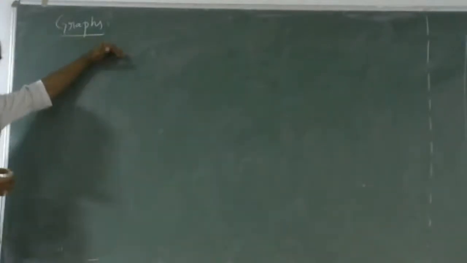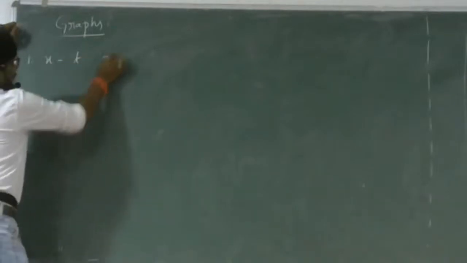Perfect. Right, graphs. Let us start with position time graphs, which we have already discussed briefly. These x-t graphs, for three different cases, we have discussed how to draw.